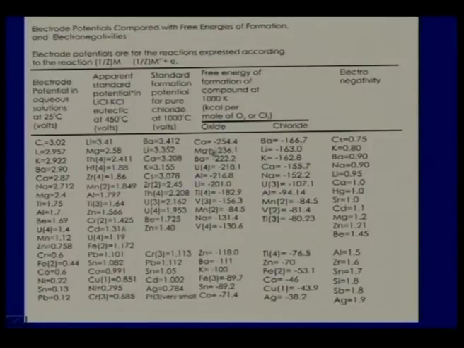So, you see for calcium oxide it is minus 254 kilocalories per mole, whereas for those which are placed below calcium, the values are less negative, which means compounds of calcium would be more stable, compounds of sodium would be less stable.